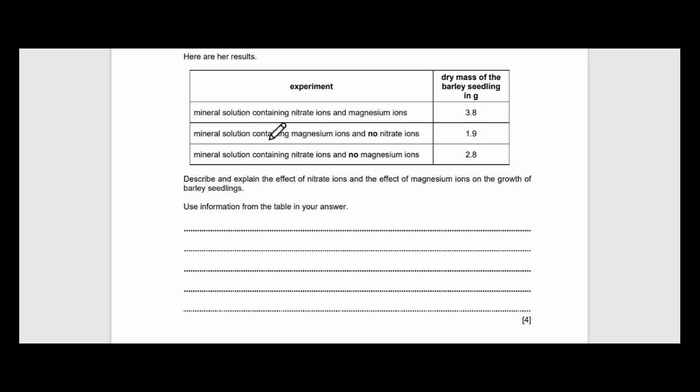The solution containing magnesium and no nitrate gives 1.9 grams. The solution containing nitrate ions and no magnesium gives 2.8 grams. Describe and explain the effect of nitrate ions and the effect of magnesium ions on the growth of barley seedlings. Use information from the table in your answer. 10 seconds from now.